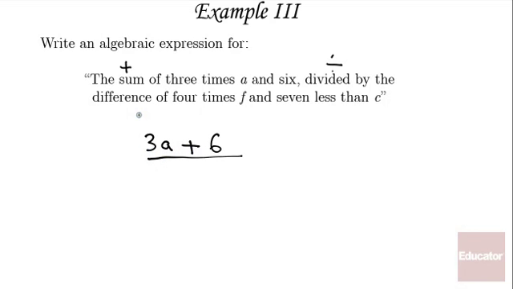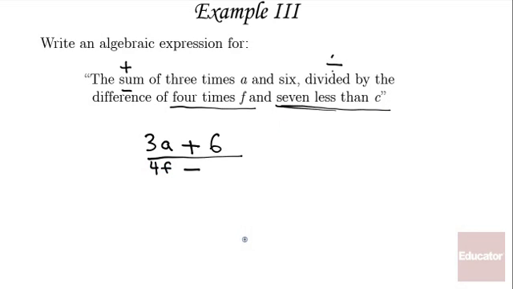I'm taking that entire expression and dividing it by the difference. Difference tells me subtract of 4 times f and 7 less than c. So I am subtracting two things. The difference of 4 times f and 7 less than c. Okay, difference is subtraction. So first I have 4 times f.